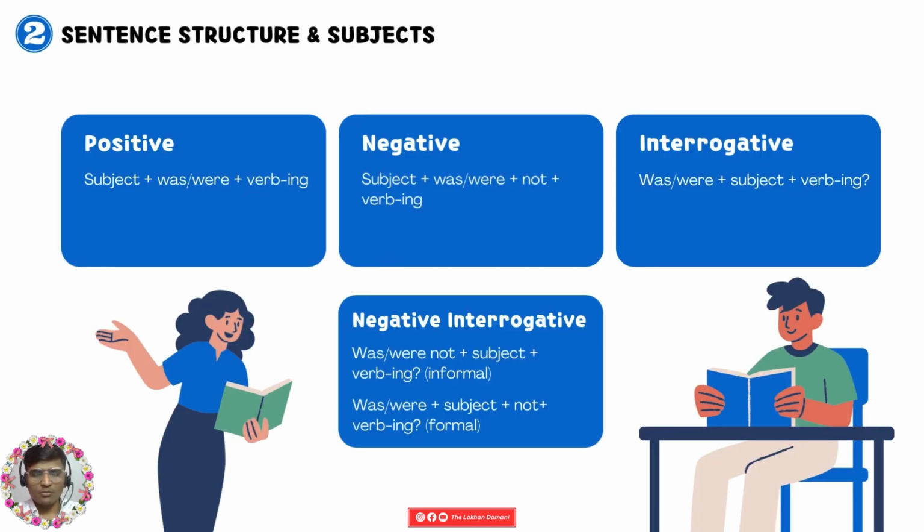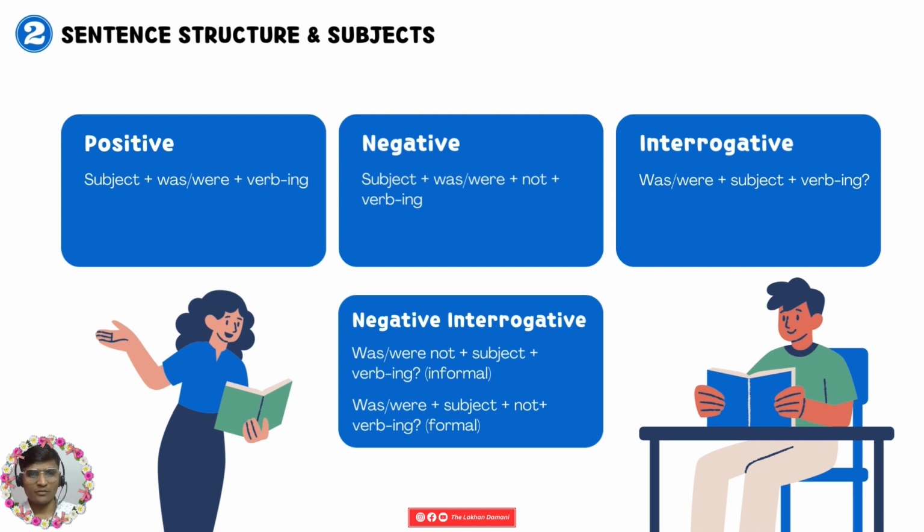Furthermore, talking about positive, negative, interrogative, and negative interrogative. That's really interesting because if you understand this, you're going to understand the whole thing. Let me quickly wrap up. Subject, was, were, helping verb, plus ing. You can put an object, whatever object you have. So I was and she was, but they were playing.